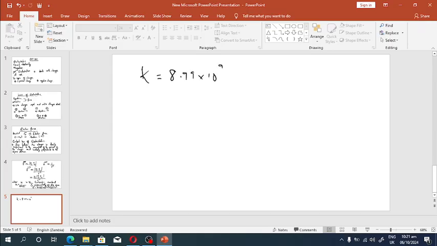And so the units are just going to be the reciprocal of the units for the permittivity of free space.